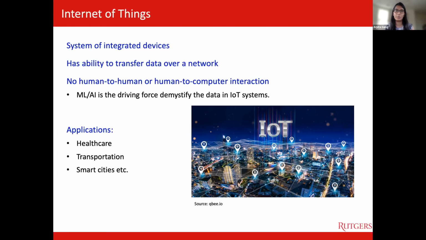And typically this Internet of Things infrastructure does not require human to human or human to computer interaction, and mostly AI and machine learning algorithms drive these systems to make sense out of the data. There are multiple applications like healthcare, smart cities, automation, transportation, and so many others.